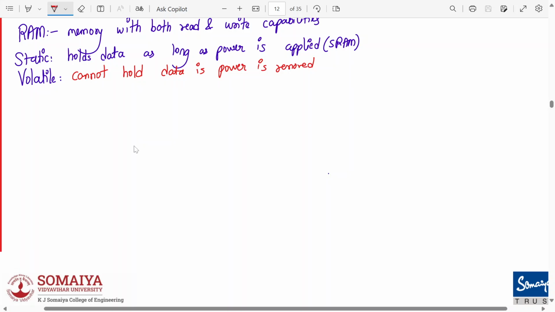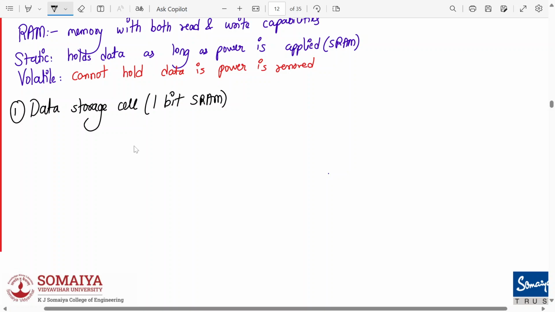So let's start with RAM. First we'll start with the data storage cell, or we can call it a 1 bit SRAM. It will store 1 bit of information.